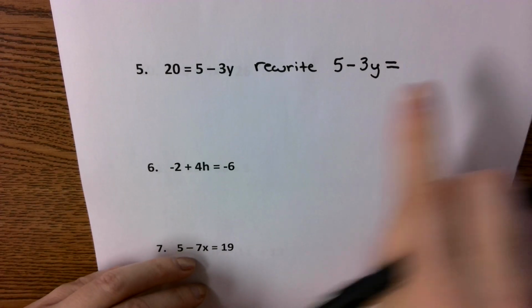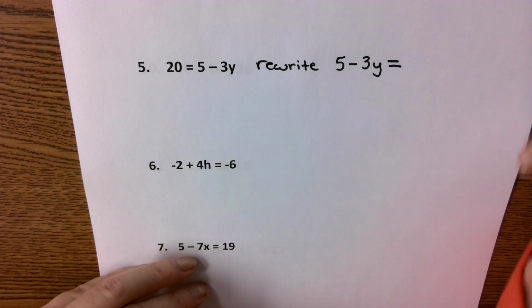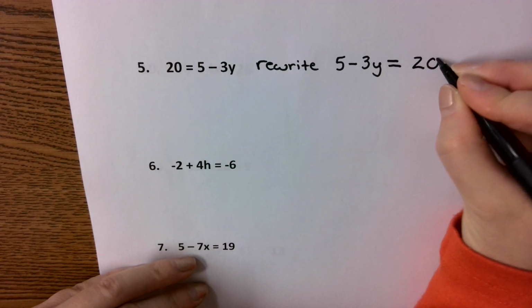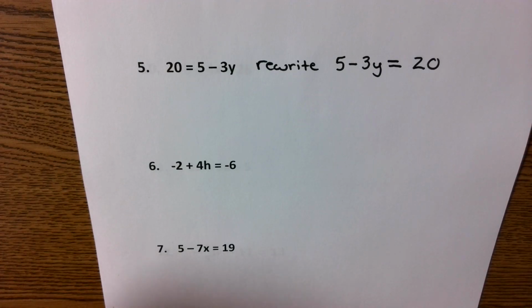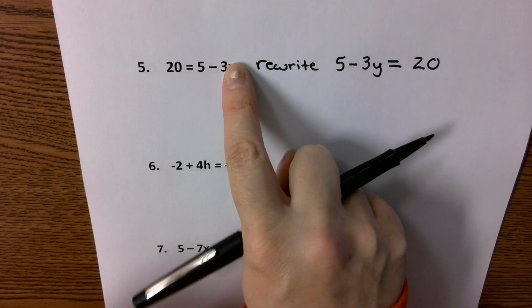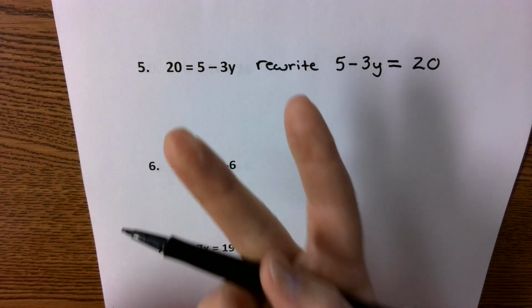And then on the right side, I'm just going to put my 20. Nothing changed. I didn't flip any signs. I didn't change any operations. All I did is I took the two sides and I swapped them.